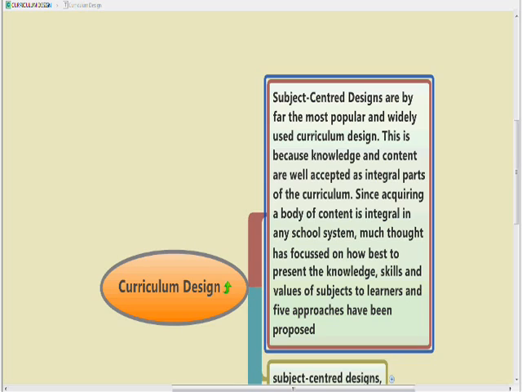This is because knowledge and content are well accepted as integral parts of curriculum. Since acquiring a body of content is integral in any school system, much thought has focused on how best to present the knowledge, skills, and values of a subject to learners, and 5 approaches have been proposed.